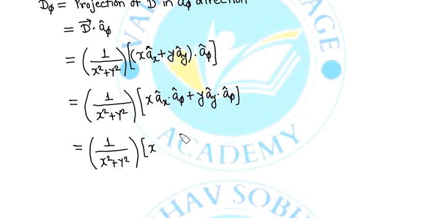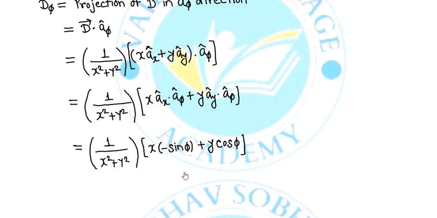That is equal to minus sine phi, then this y as it is. What is the dot product between ay and a phi? That is equal to cos of phi.